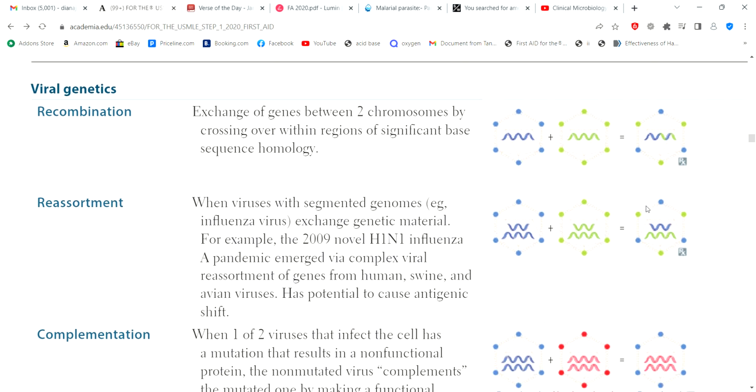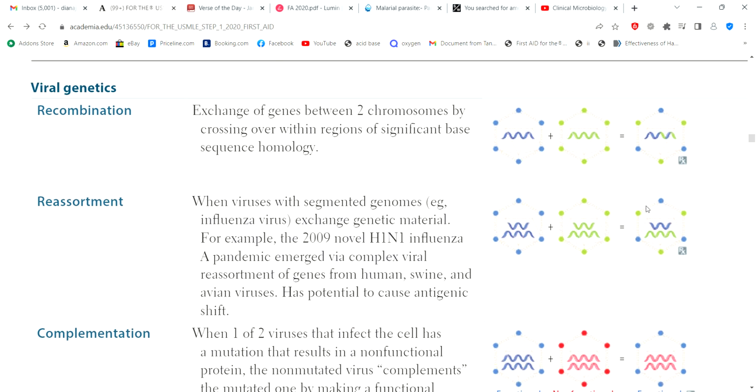Viral genetics. So we're going to talk about viral genetics. This is how viruses replicate. So, recombination: exchange of genes between two chromosomes by crossing over within regions of significant base sequence homology.